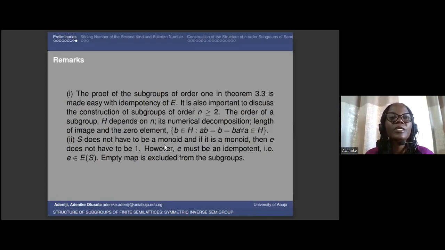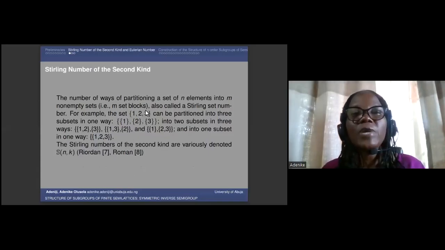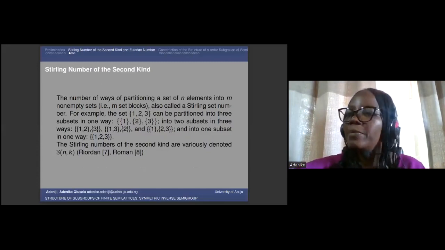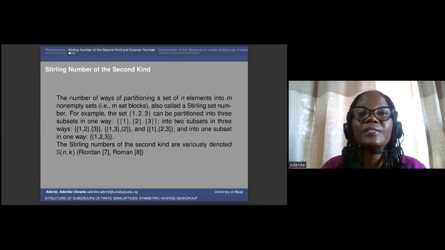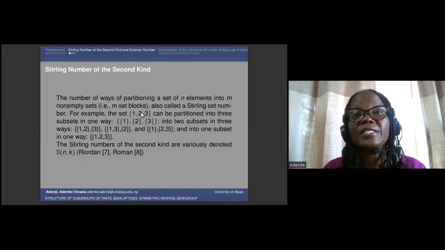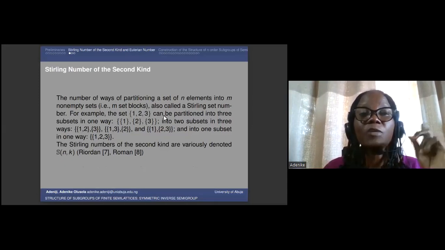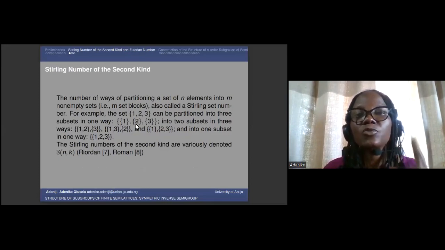So the following are some remarks we need to take note of. The number of ways of partitioning a set of n elements into m non-empty sets. For example, if we have a set of 3 elements or 3 points, as we can see here, and we want to partition it into 3 subsets, in one way, we have just 1, 2, 3.